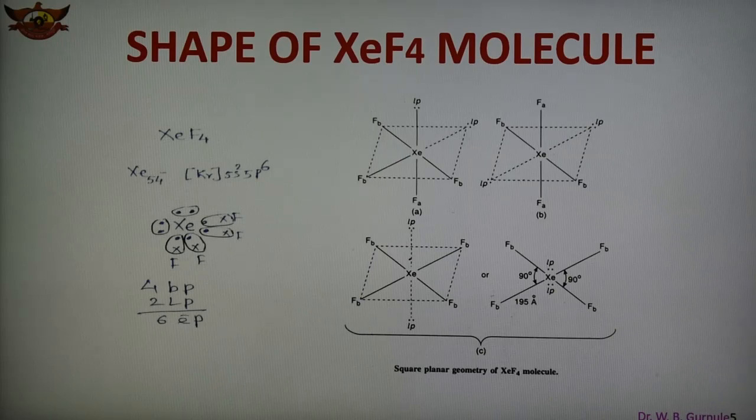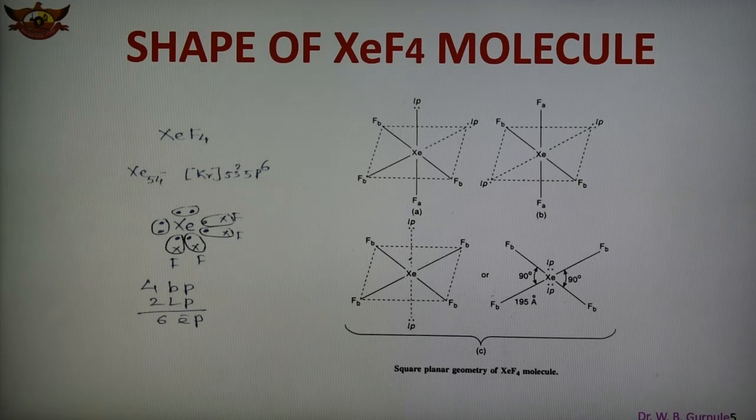So out of these 3 possibilities, the third possibility shown in figure C, in which both the lone pairs of electrons are present at the axial positions of the octahedral geometry, involves minimum repulsion, that is maximum stability, and therefore geometry C, that is the square planar geometry, is the most stable geometry for xenon tetrafluoride molecule, in which the 2 bond angles F xenon F are 90 degrees.